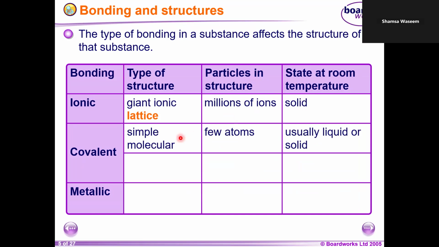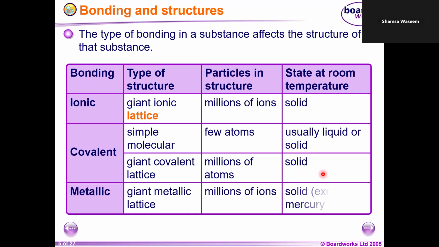Covalent compounds can be simple molecular or giant lattice structures. There are a few atoms in simple molecules, and in giant covalent structures there are millions of atoms. Simple molecules are usually liquids or gases, or volatile solids, and giant covalent structures are solids. There is also the giant metallic lattice.